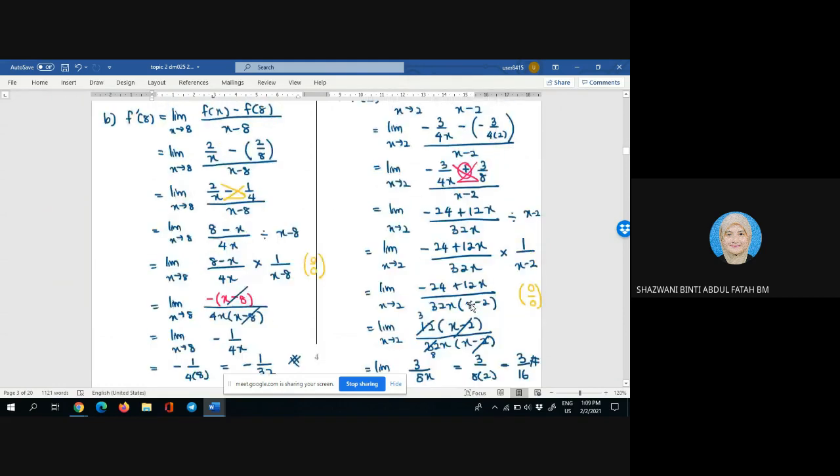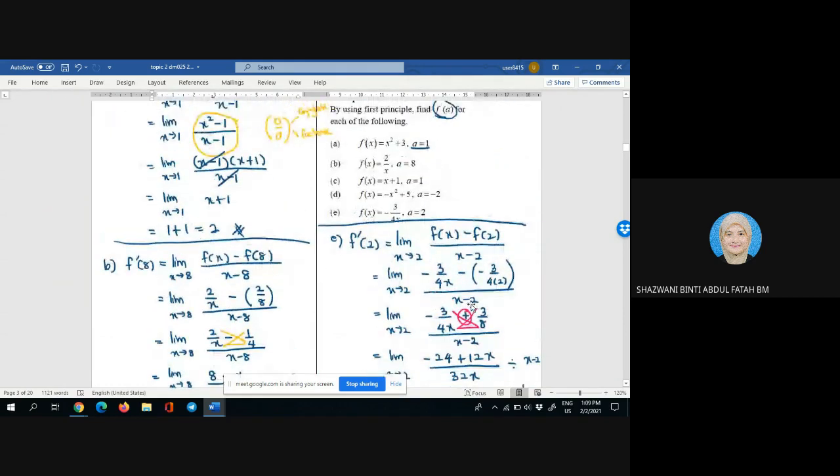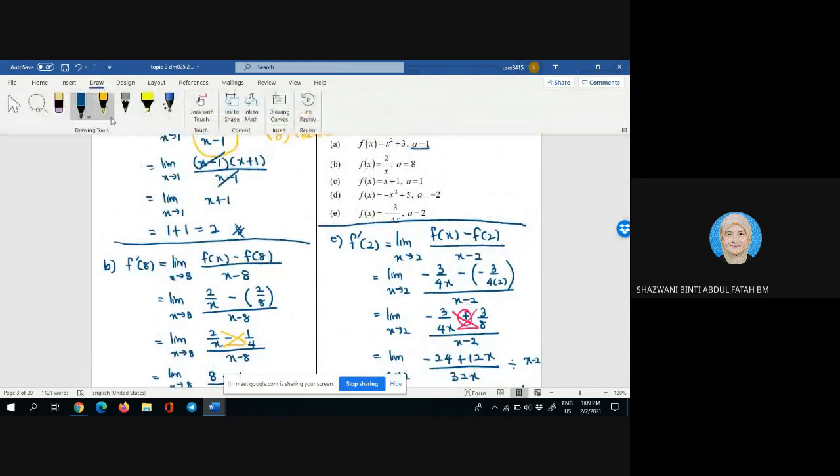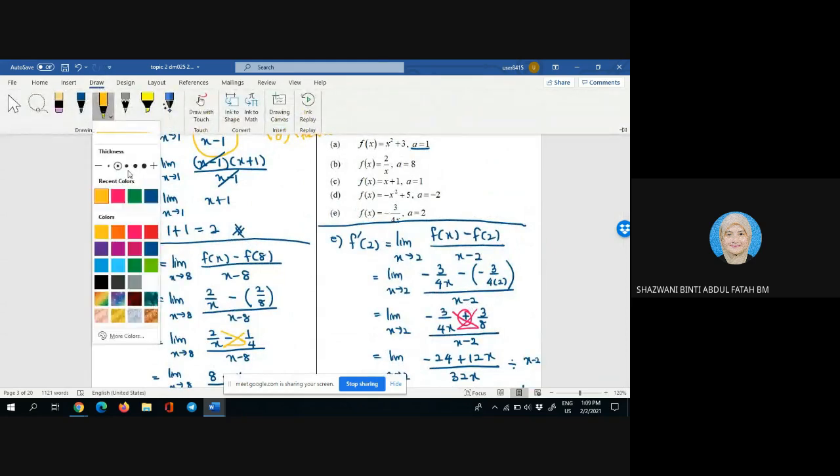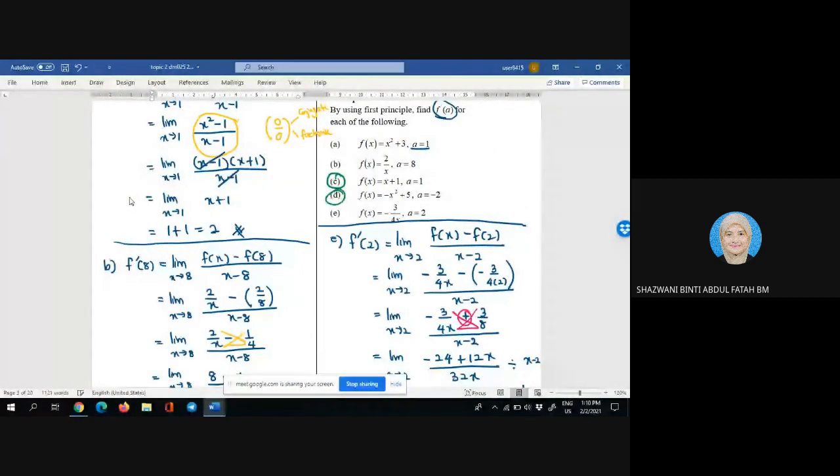Therefore, C and D will be your homework. C and D will be your homework. The answer for C: f prime 1, the answer is 1.